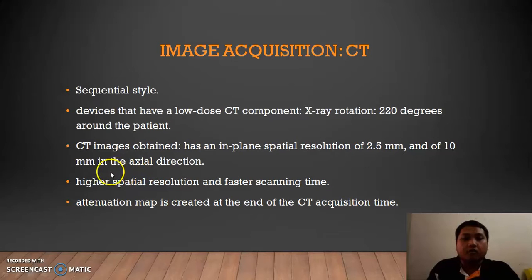So, of course, it can provide higher spatial resolution and faster scanning time than other modalities. At the end of the acquisition by CT, an acquisition map is created for the registration and processing of the image.